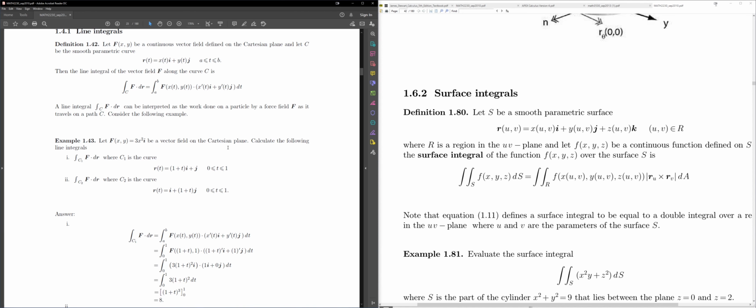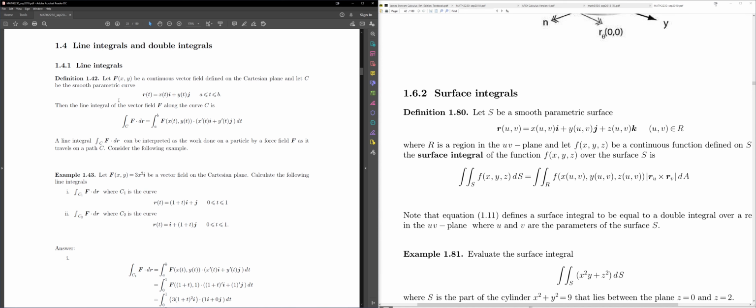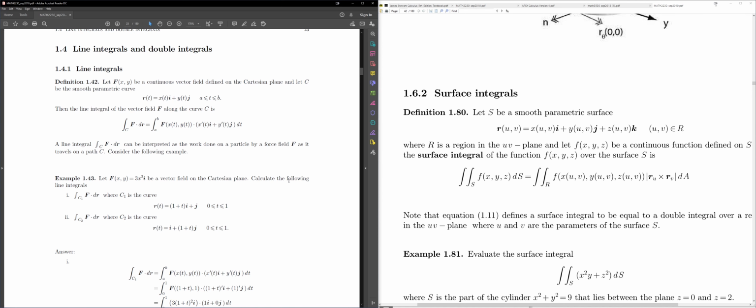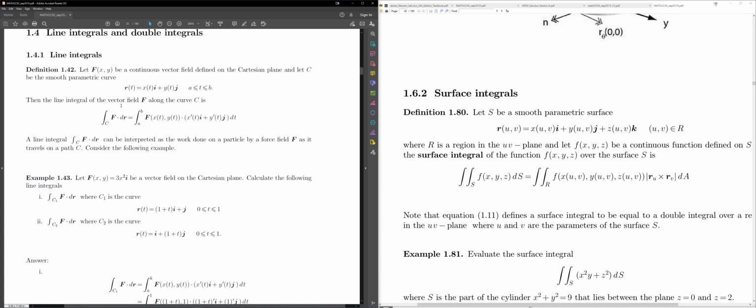If you look over here at what we did for line integrals, we were integrating, say, a vector field over a parametric curve. And now we're integrating, first of all, a function over a parametric surface.